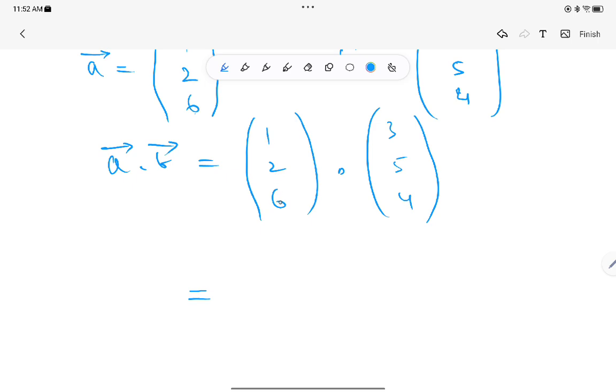When you make a transpose from it, that means A is converted into A transpose, and B is kept as such. That means A dot B is calculated as A transpose B. I will explain why it is so. A transpose is the transpose of this, which is 1, 2, 6, and then you have B, which is 3, 5, 4.